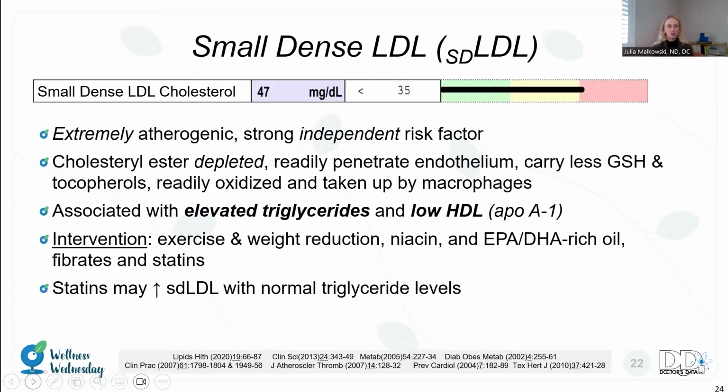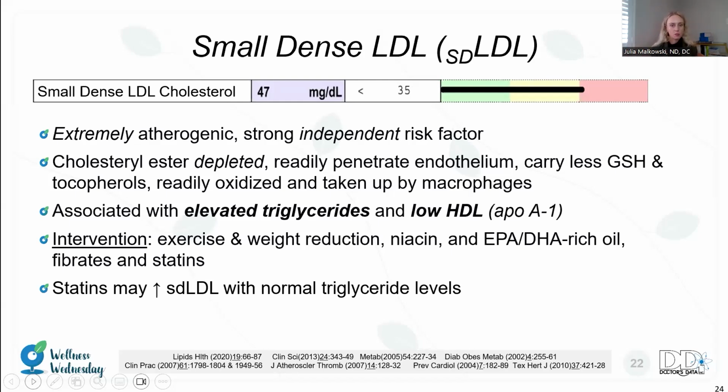The next factor is going to be small, dense LDL. Small, dense LDL, again, is a strong independent risk factor. This small, dense LDL is able to readily penetrate the endothelium because it is tiny and it is heavy. So it's easily taken up by the macrophages where it can contribute to atherosclerosis. This is associated with elevated triglycerides and low HDL. You don't want to look at these markers individually. You want to look at these markers together.